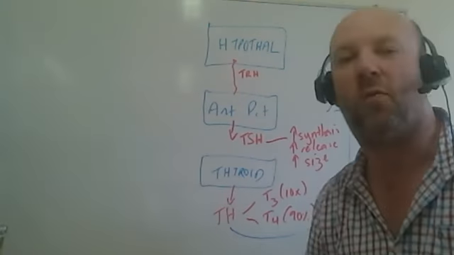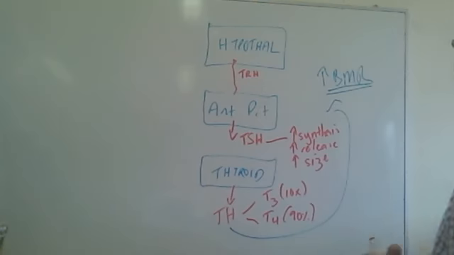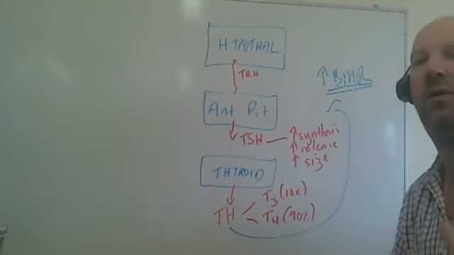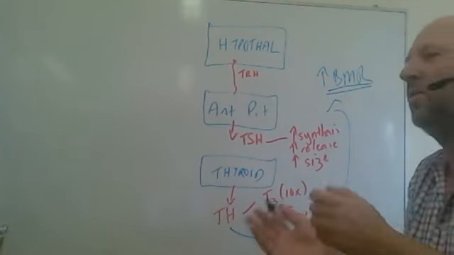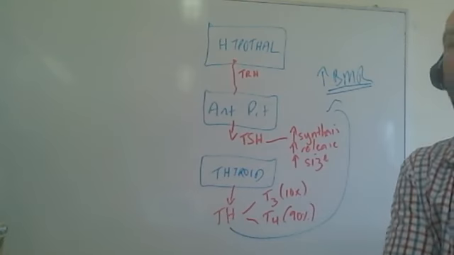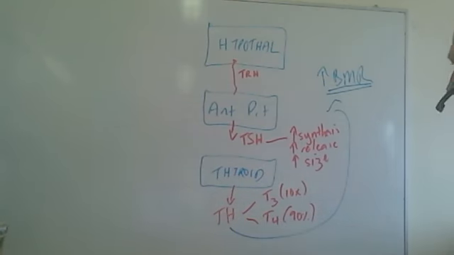So it increases metabolism, it increases heart rate, it increases activity of enzymes and so on. So it basically increases our whole activity. It's a very important hormone, but it's more important when you see the effects of low or high levels of it, but that will be something we talk about later.